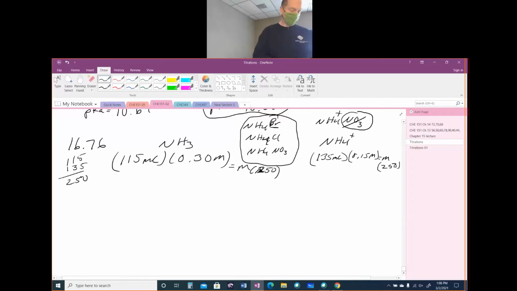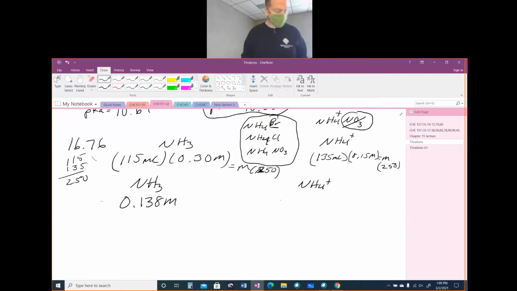You take your 115 times your 0.3 and divide by your 250. So we end up with an NH3 concentration of 0.138. We end up with an NH4 plus concentration when we take our 135 times the 0.15 and divide that by the 250 of 0.081.